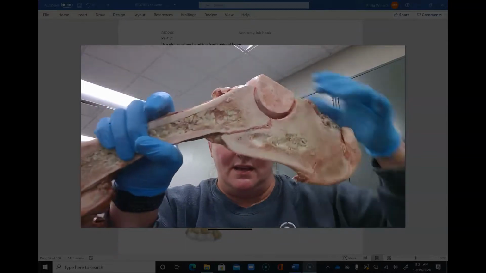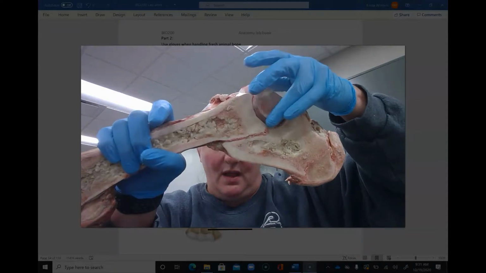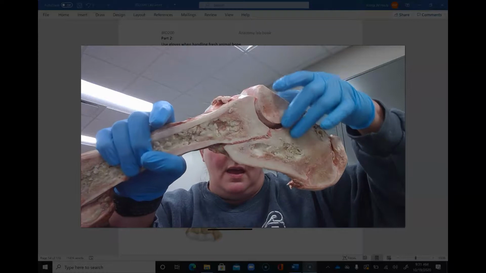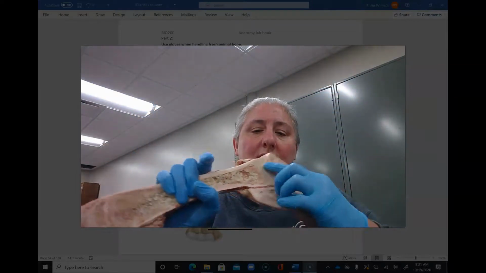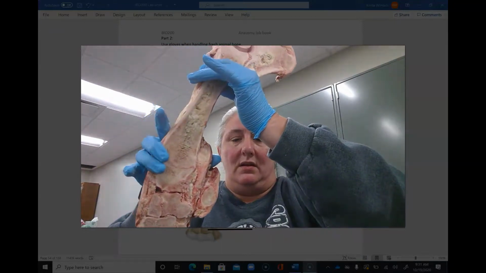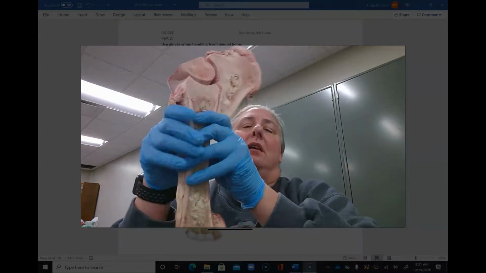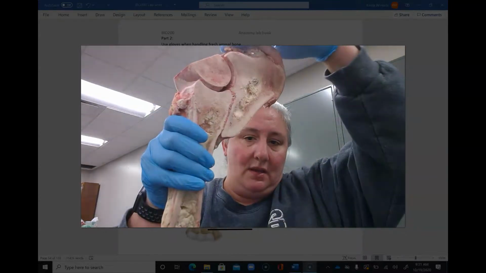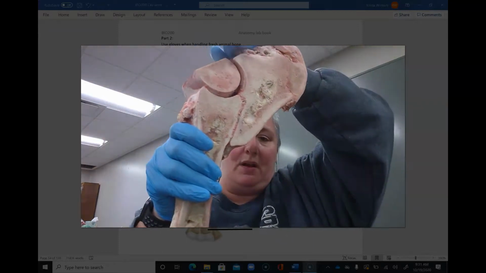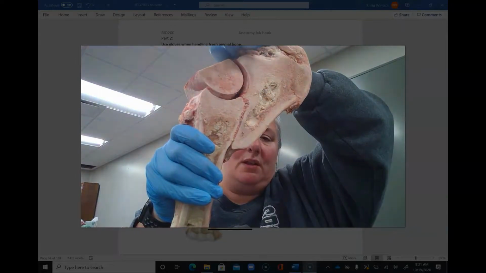So here you can see that ball even better right here. So this is the ball of the femur. And then you can see the length running down on the femur here. Okay. So up here, the part up here by where the ball of the femur is, this would be called the proximal epiphysis.